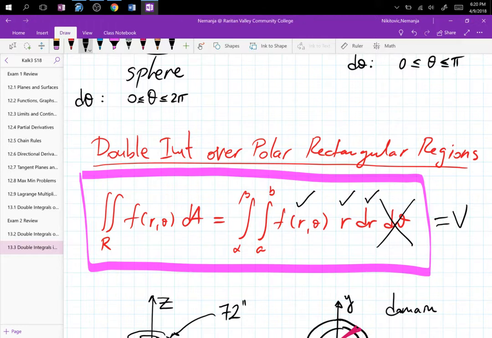They are all multiplied together. So it is 3D. d theta does not bring a dimension to the table. So dimensionally this formula is sound, even though it doesn't look like it, because it has four things over there. As soon as you remember that d theta is a ratio of arc length and radius. There you go.